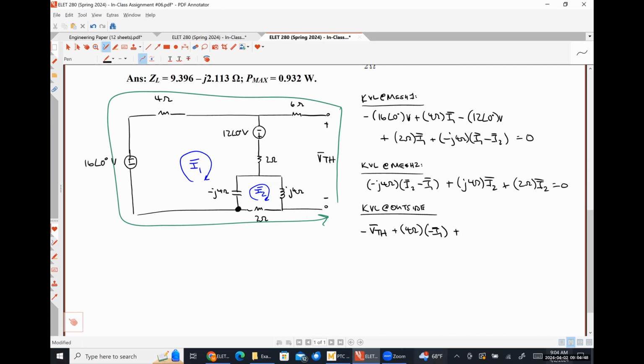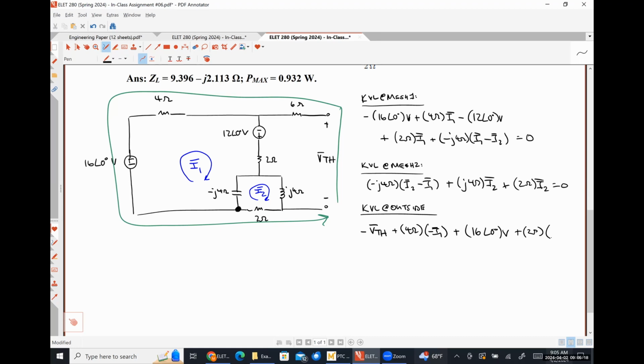Then we would have plus 16 angle 0 degrees volts. And then we have the 2 ohm resistor. What's the current flowing from left to right through the 2 ohm resistor? It's just I2, but is it positive I2 or negative I2?